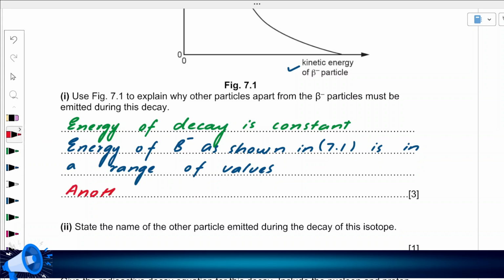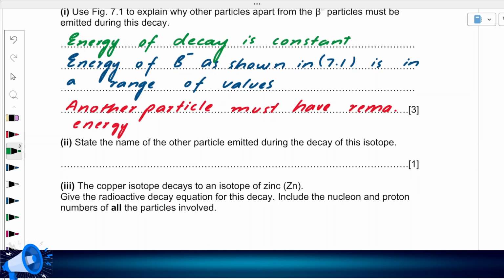Another particle, which they'll ask you the name for in the next part, must possess the remaining energy. And what is the name of this particle? I told you guys, whenever you have the beta negative decay, the particle which is released alongside is the antineutrino.